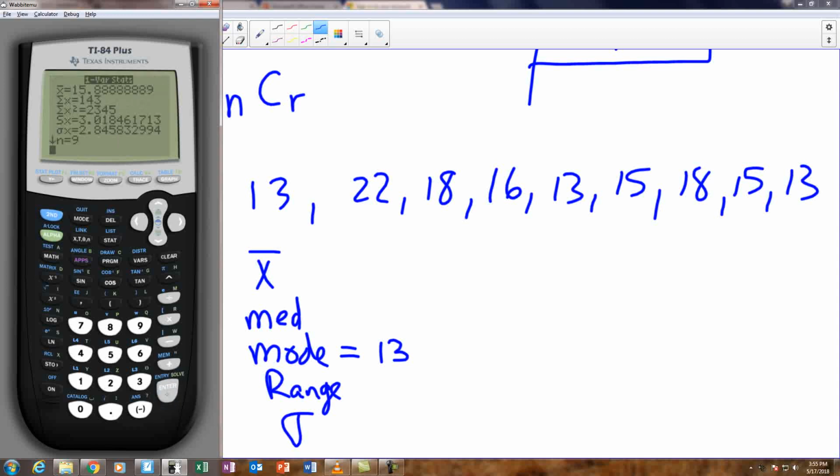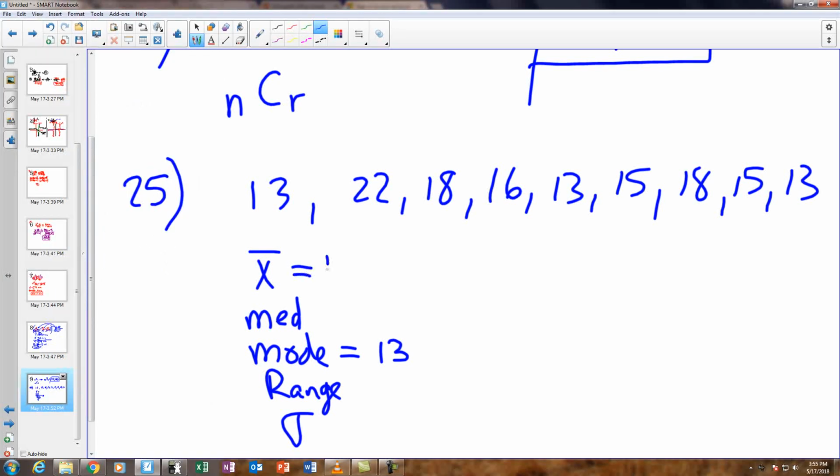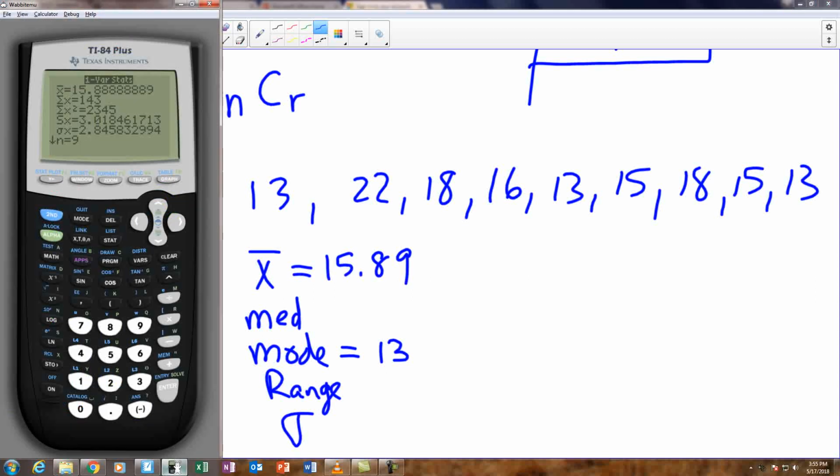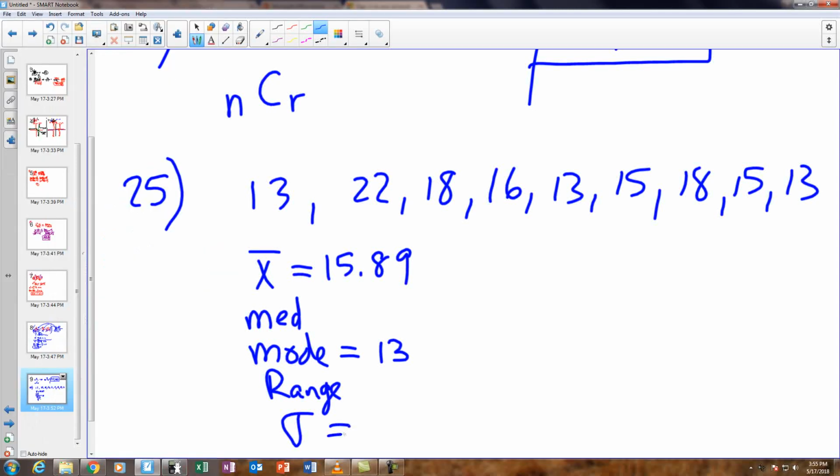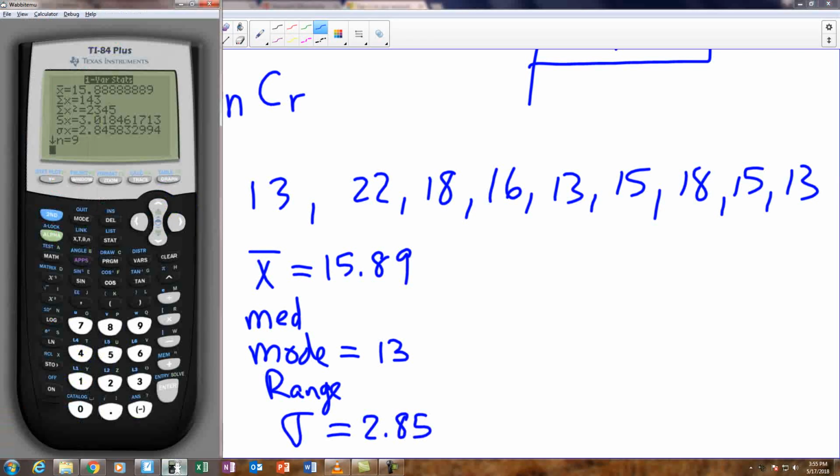I get an average or mean of 15.89. Go back to my calculator. Standard deviation, down it's that weird looking o, is 2.85. The other 2 values I can find by scrolling down.